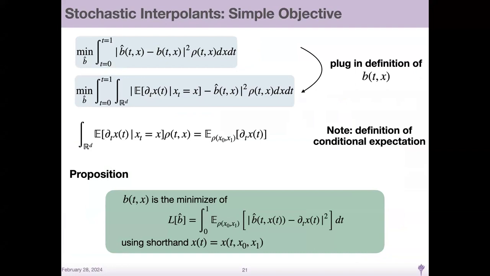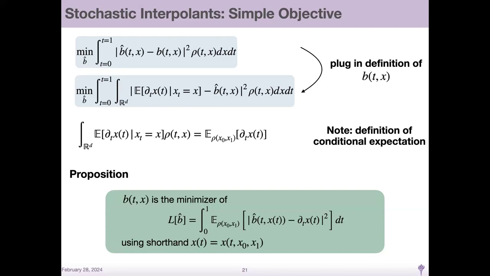But if we just use the definition of the conditional expectation, in this case integrating over this time-dependent density rho_t(x), then the definition, just the tower property of the conditional expectation, tells us that integrals of this quantity can be evaluated by just taking expectation over x0 and x1, over the base and the target densities.